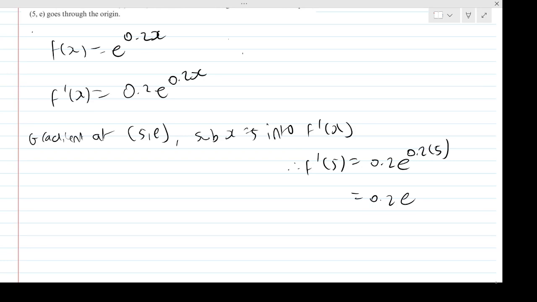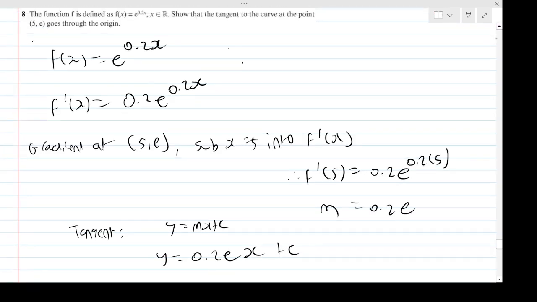So that means my gradient m. So again, my tangent, because it's a line, it's y is mx plus c. But I know m is this expression here. It's 0.2e. So y is 0.2ex add c. Okay, so I need a point to substitute into, but I'm told the tangent is at the point here, 5e.